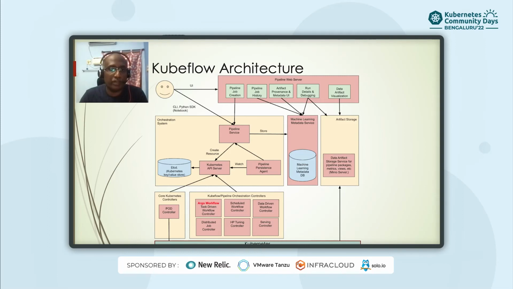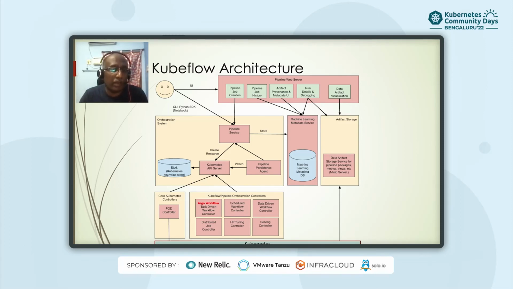Under the hood, there are multiple workflow orchestrators that can be used in Kubeflow Pipelines. For instance, in this picture, you will see that Argo Workflows is being used. By the way, Argo Workflows is widely used in Kubernetes and cloud native systems for executing workflows. Kubeflow Pipelines can also be plugged into other workflow systems, but for this talk, I limit myself to the Argo workflow controller.